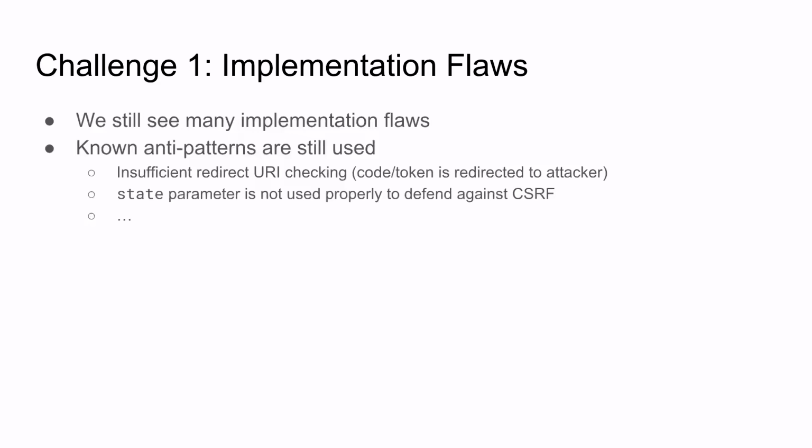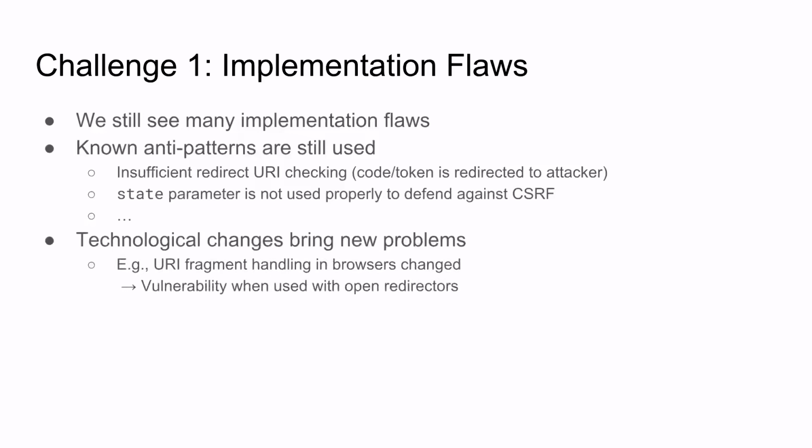And then technology changed. For example, the URI fragment handling, so how the fragment of the URI is handled when a browser gets a redirect. This behavior has changed since 2012. And the OAuth standard needs to adapt to that. That can actually lead to a vulnerability when it is used together with an open redirector.